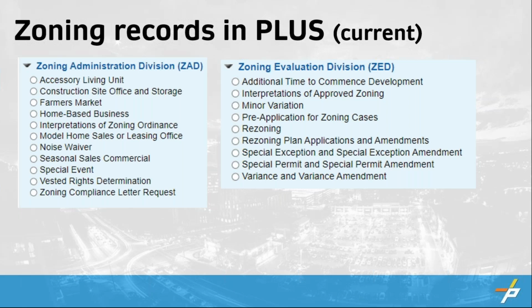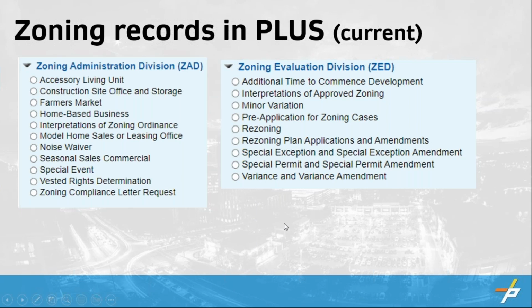From the zoning evaluation division column, we typically only see special permits or variances from the public. Those are for, say, a home-based business that doesn't meet the administrative criteria, something along those lines. But typically, the residents will apply for administrative permits more than ZED permits.